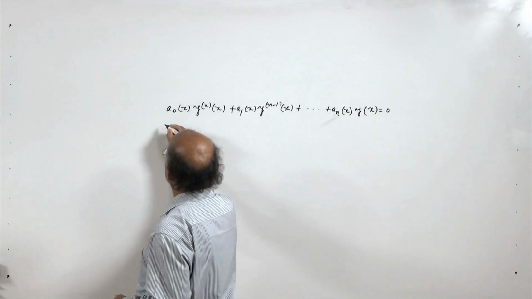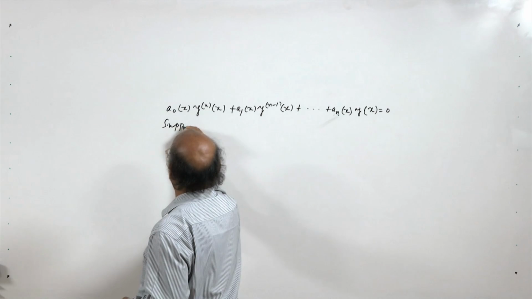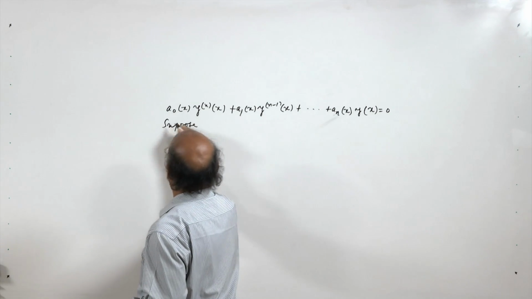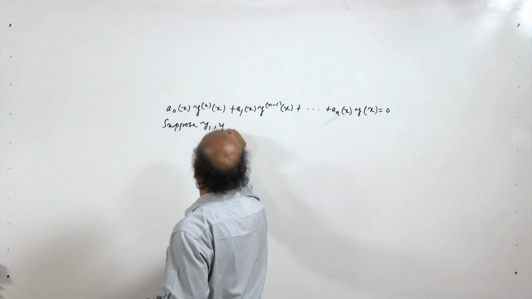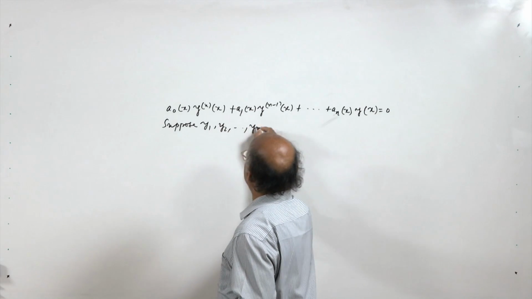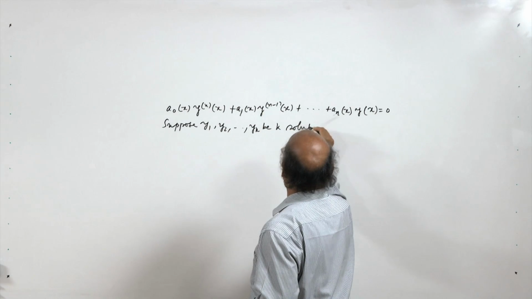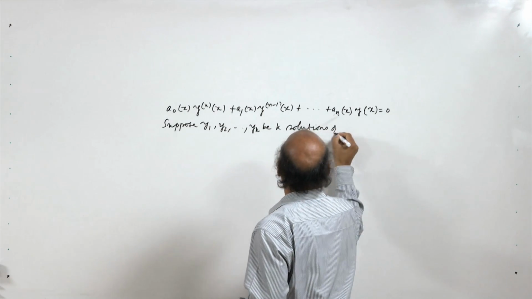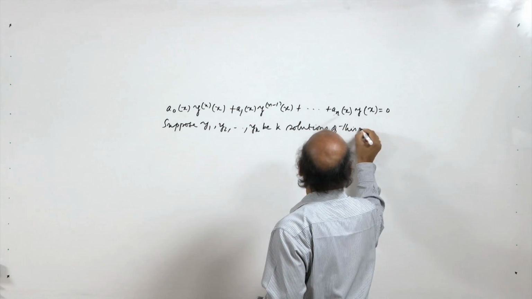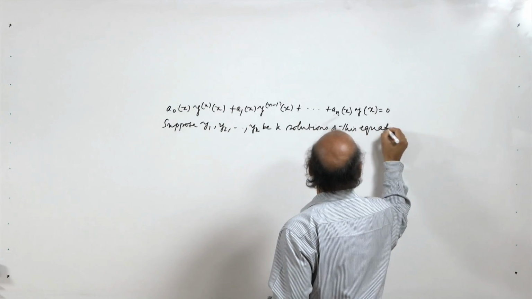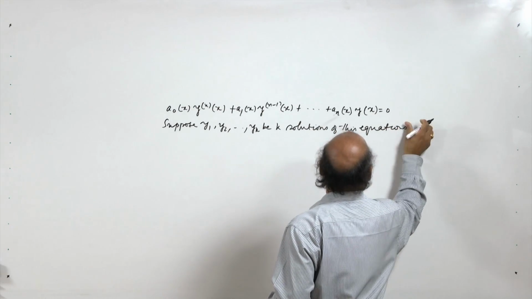So suppose y1, y2 and so on yk are k solutions of this equation.